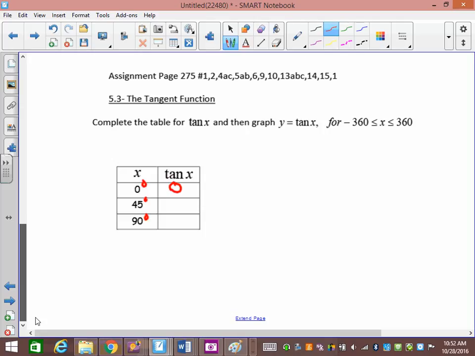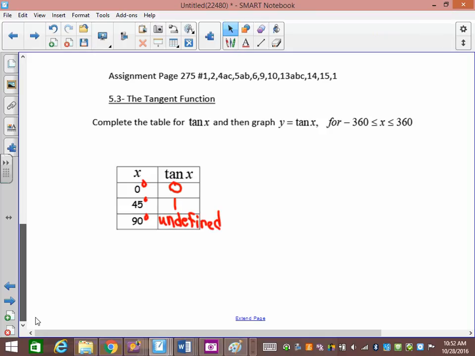At 0 degrees, tan is 0 because tan is y over x, right? At 180, it's also going to be 0 because it's y divided by x. At 45, it'd be root 2 over 2 divided by root 2 over 2, so it's going to be 1. And at 90, it's going to be undefined because it's going to be 1 divided by 0. You can't divide by a 0.